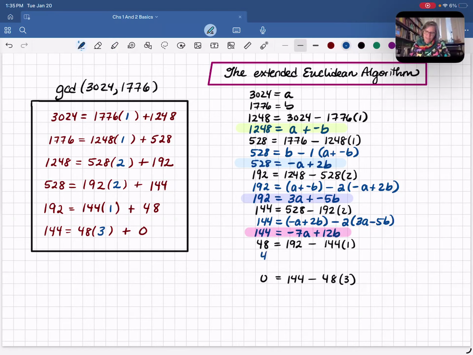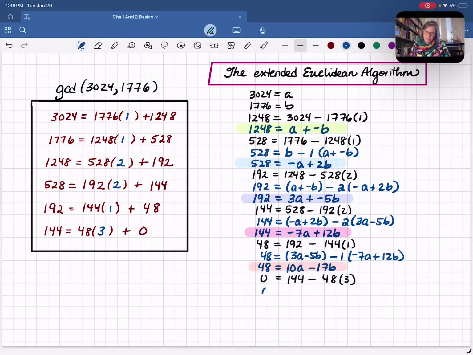And 48 is 3A minus 5B minus 1 times negative 7A plus 12B. So 48 is 3 plus 7, that's 10A, minus 5B minus 12B is minus 17B. Highlight this one.